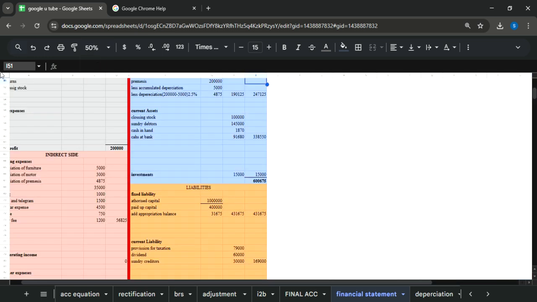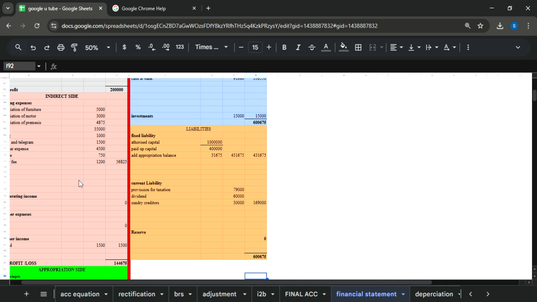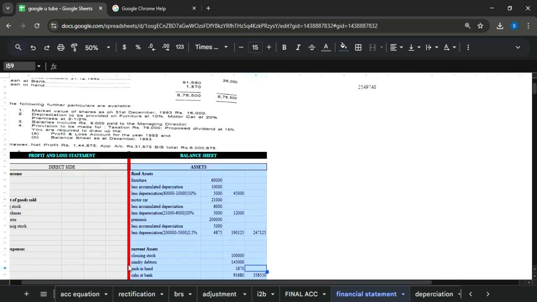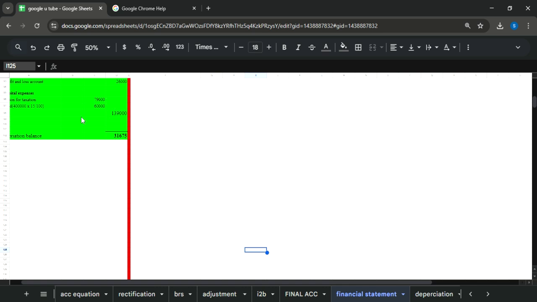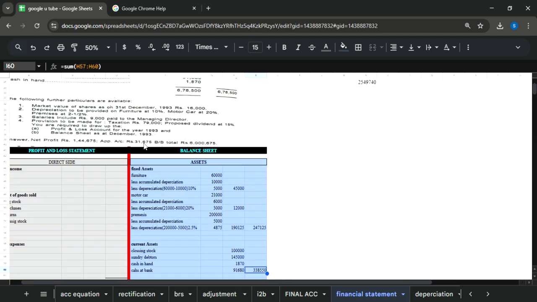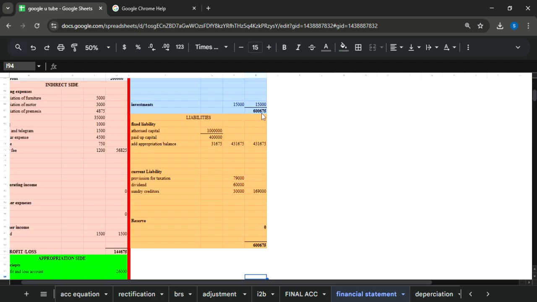This was gross profit already available. Then we have the indirect side, with which we have calculated our net profit 144,675, and here you can see 144,675 was your answer. After that you started your calculation for appropriation 31675, and here 31675, and for the balance sheet I have just shown you 600,675, 600,675.